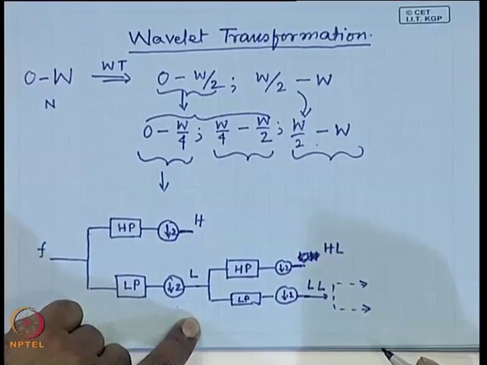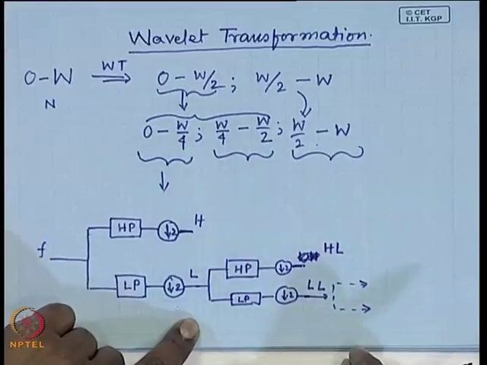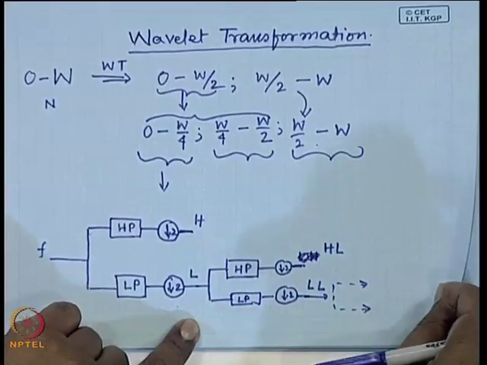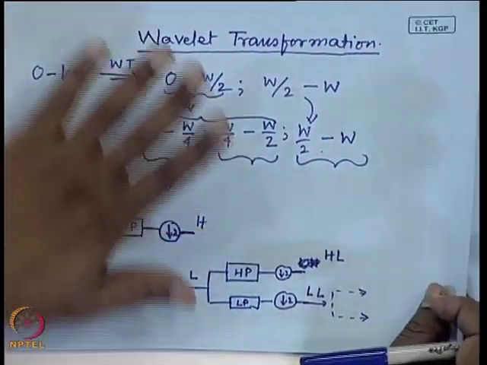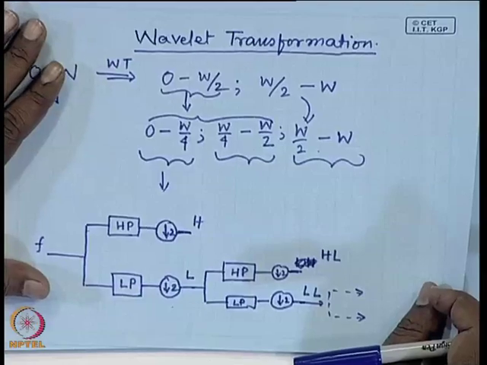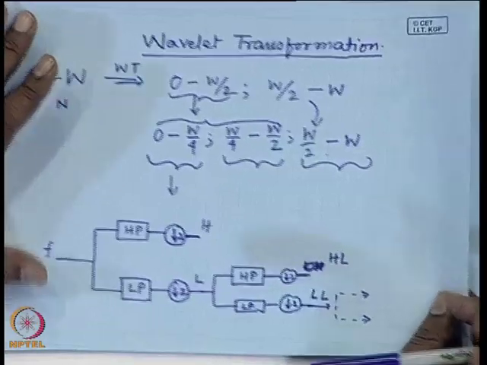Is that okay? This set of coefficients that I get in different subbands is my wavelet transformation coefficients. So, this is what I have in the case of a one dimensional signal. What do I have in the case of images?